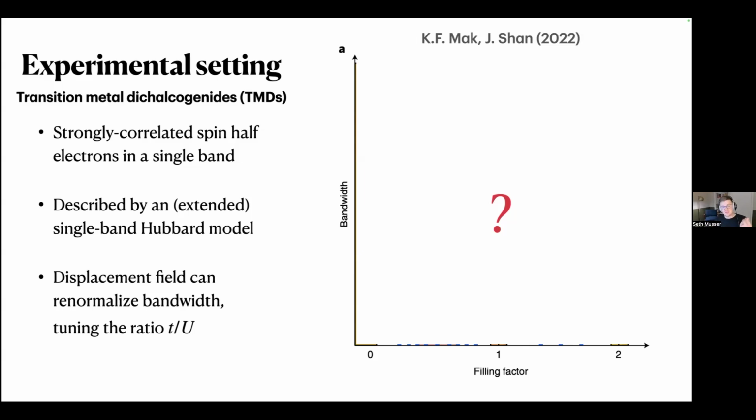And tuning that displacement field will change the position of the bands inside the Moiré-Brillouin zone, which will renormalize the bandwidth. And that will tune this ratio of kinetic energy to repulsion. So these are the two axes that we'll be considering. And I put a big quote here because I want to show you some experimental data before I bias you with this kind of cartoon picture.